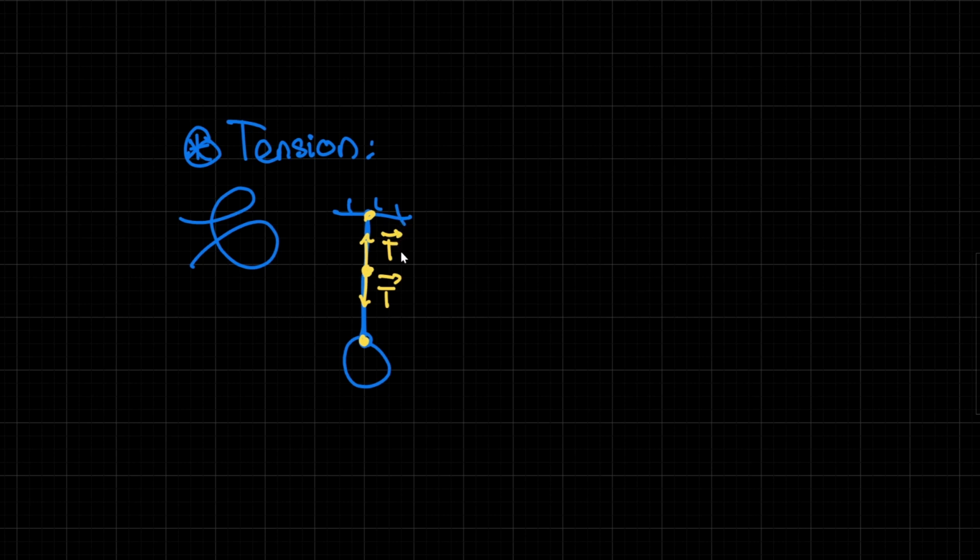Another thing to notice is that the tension force T can be different at different points on the string. So maybe this is T1, and at this point there is T2. But normally in our physics problems, we would see these strings as having no mass.